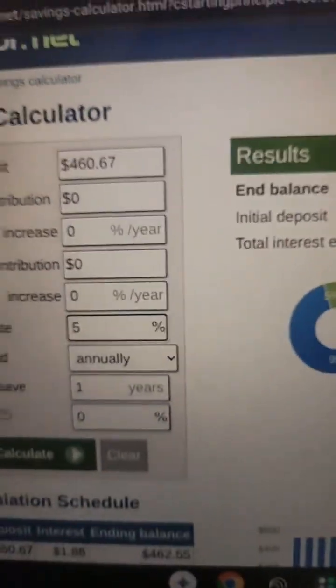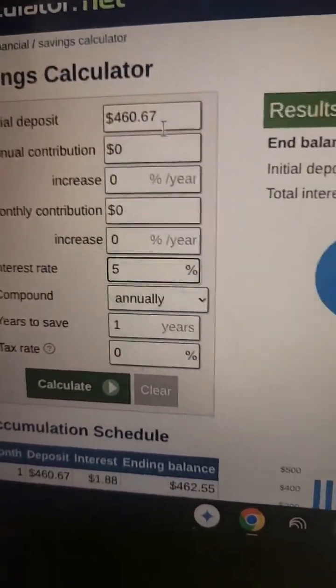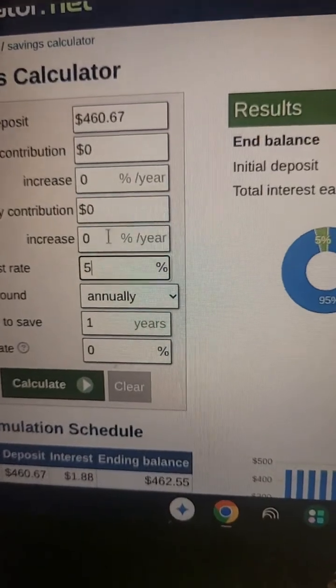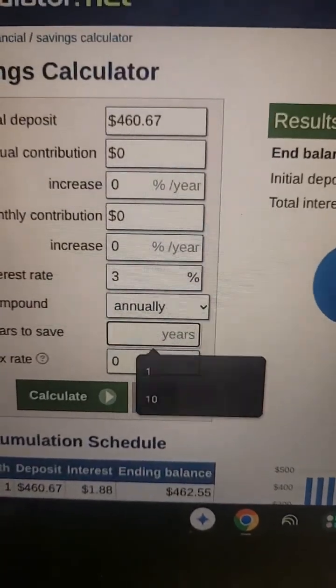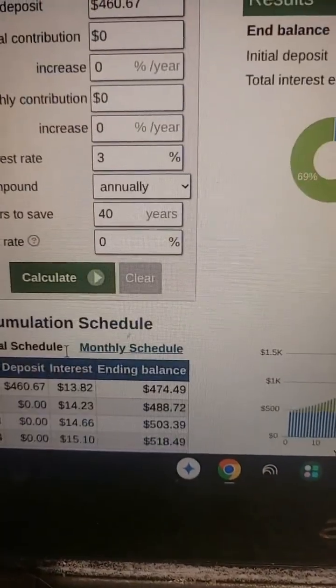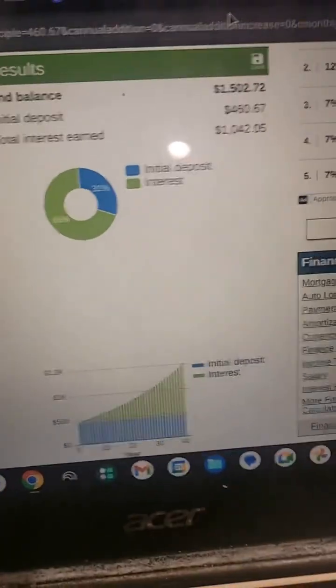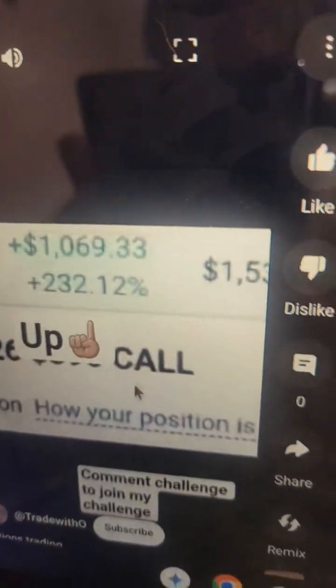So let's look at the calculator again. Oops, sorry about that. So say the initial deposit investment is $460.67, and you get a 3% return over 40 years. It will take about 40 years to make what I showed you on one of my returns in option trading, right?